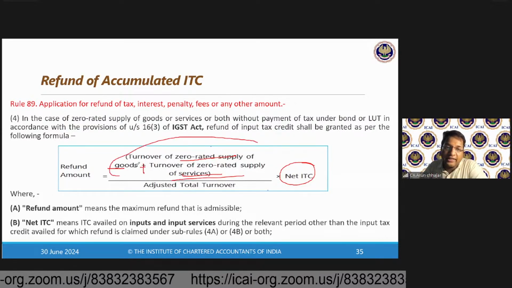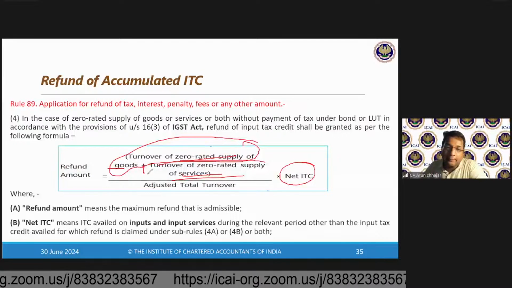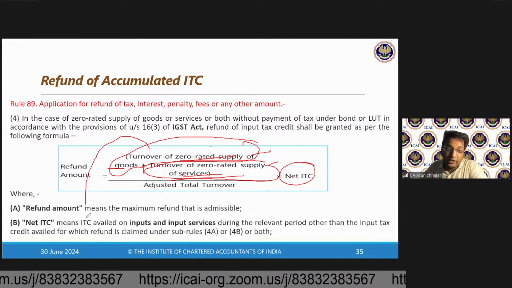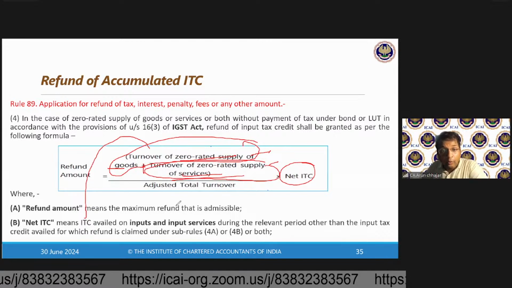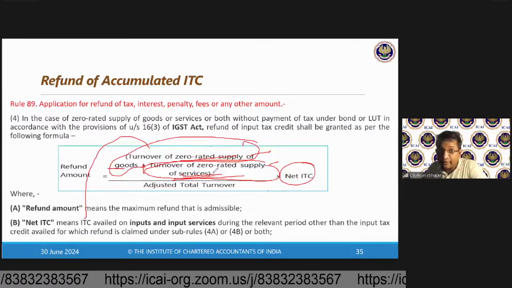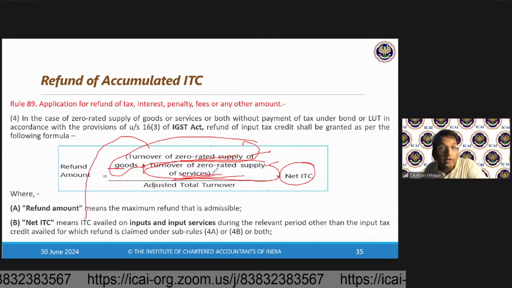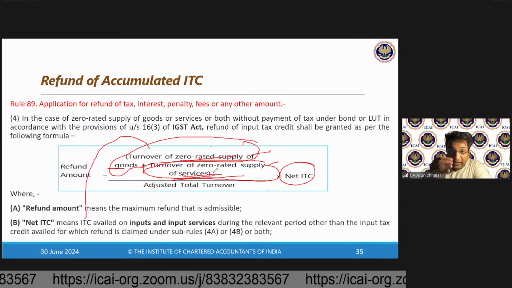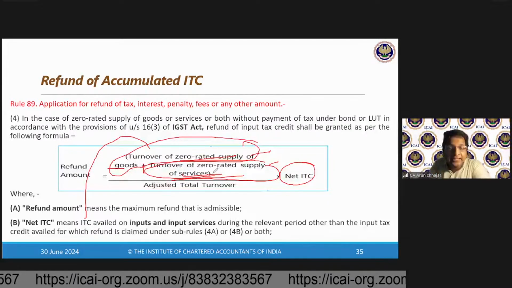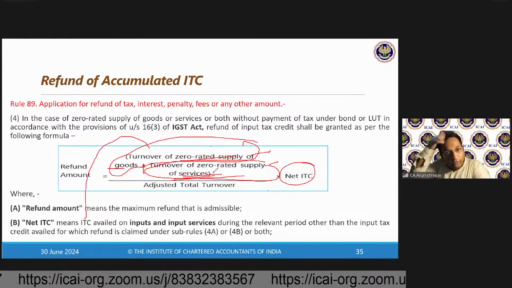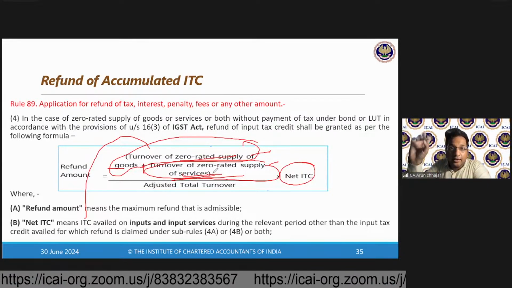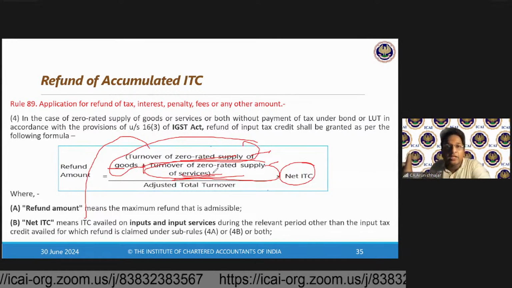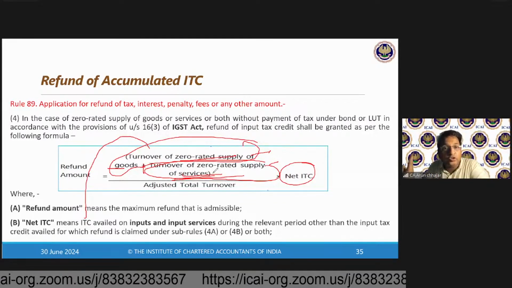Because they have defined these two terms in a separate manner. Whatever invoices you have reported in the GST returns for export of goods or services, it is not necessary that that amount will be the turnover of zero rated supplies of goods or services.